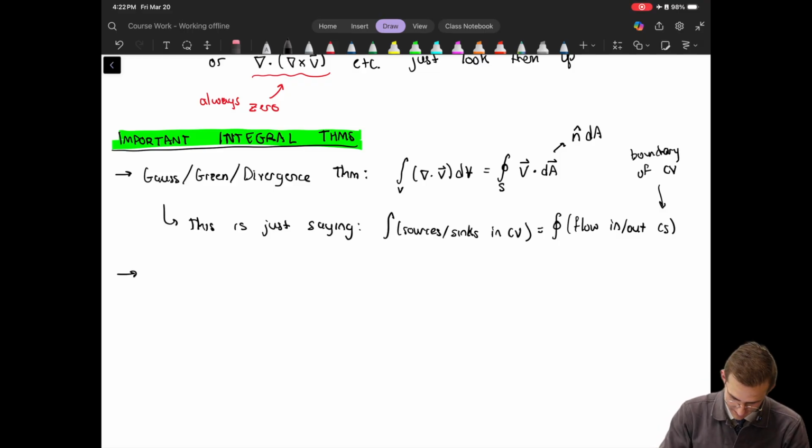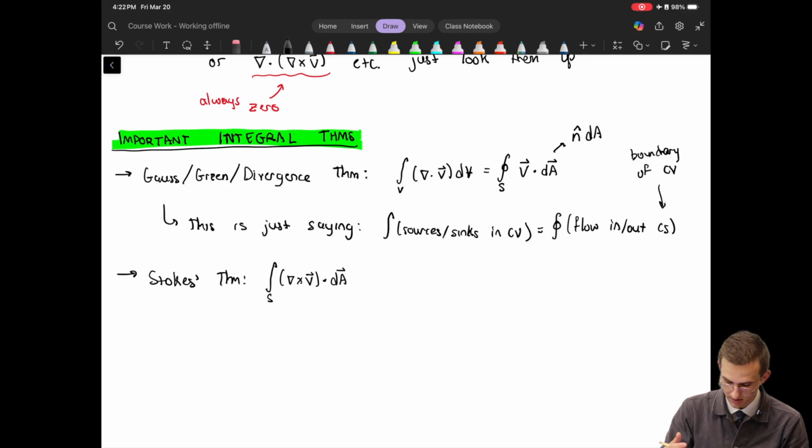Okay, and then we have Stokes' theorem, or Stokes' theorem, depending on how you want to pronounce that. And this one says that the integral over a surface, okay, not a closed surface, just a surface, of the curl of V dot dA.